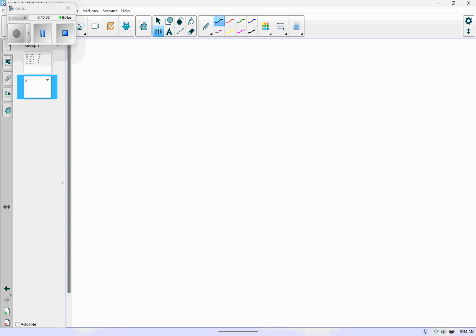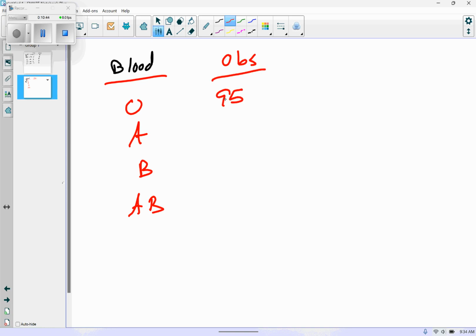All right, so we have blood type, maybe we should do it in red. So we have O, A, B, and AB. And we have an observed amount. So we have 95, 77, 23, and 5. And we have the expected value, which came from the world.